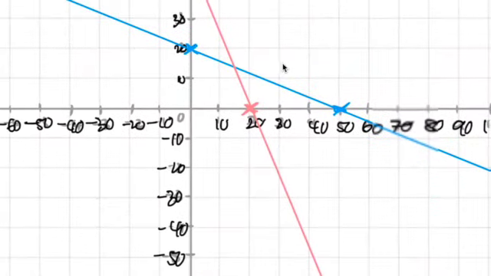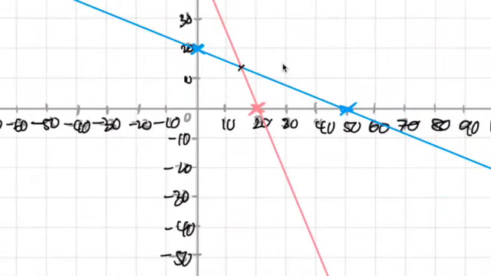So the intercept. Possibly 15 or 14, based on my graph.